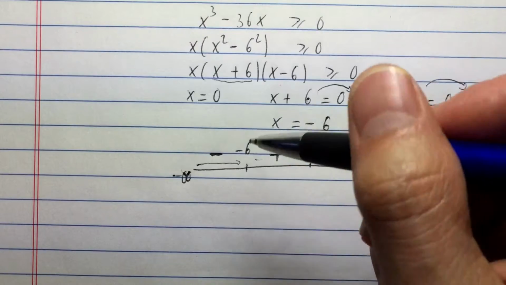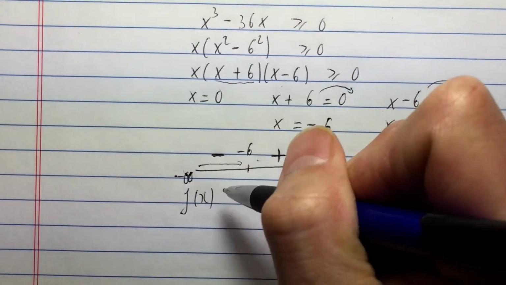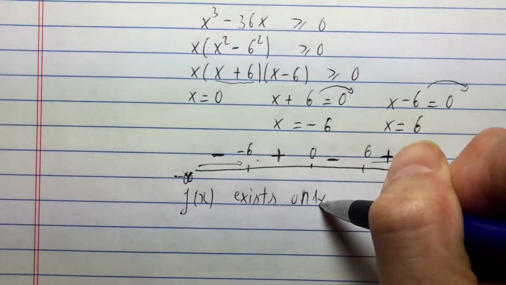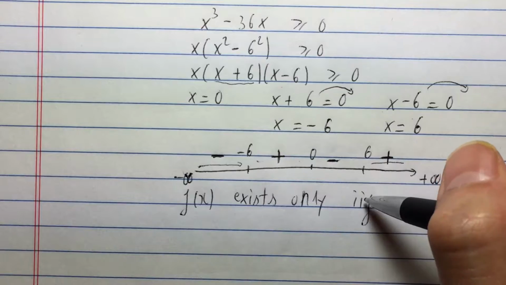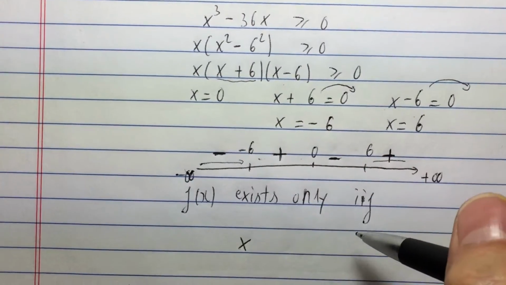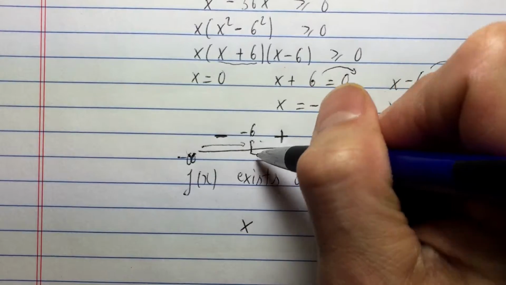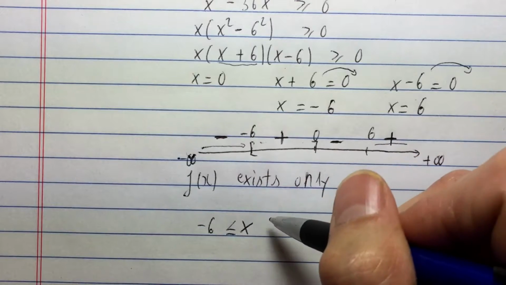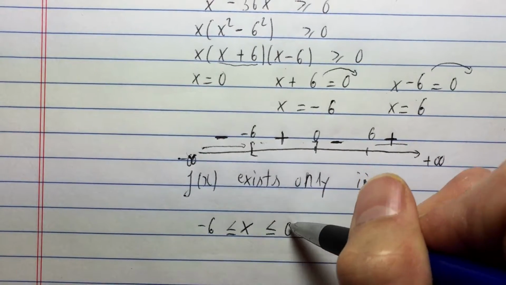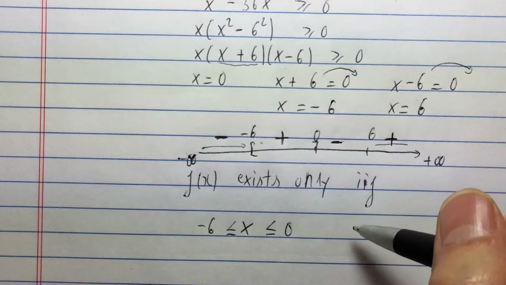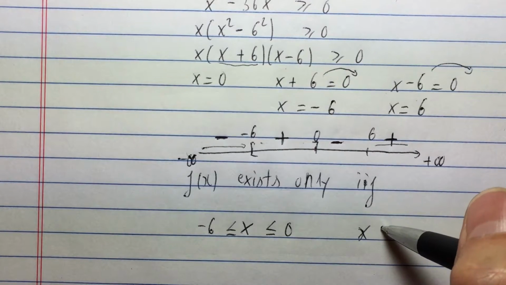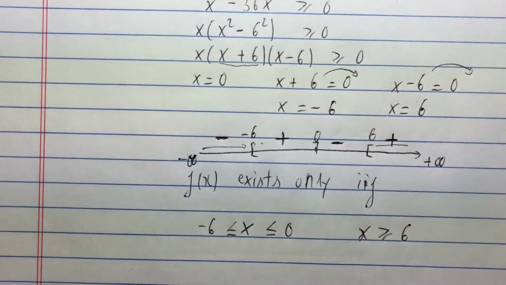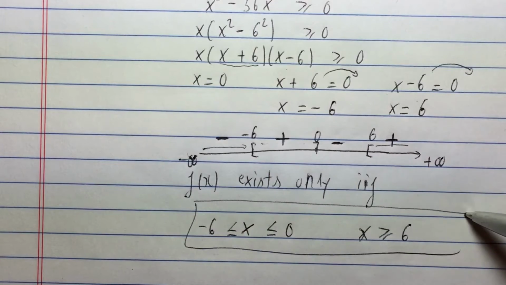So my condition is the function f(x) exists only if x is greater than or equal to minus 6 and less than or equal to 0, or x is greater than or equal to 6. So this is my domain.